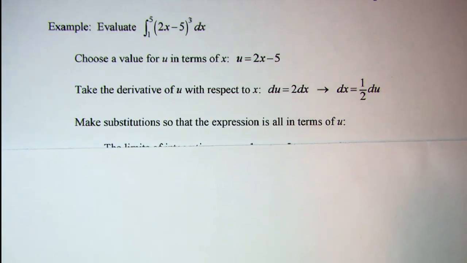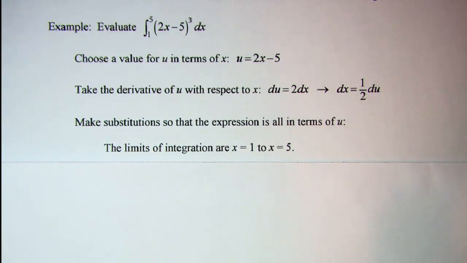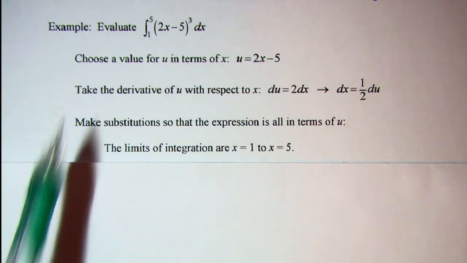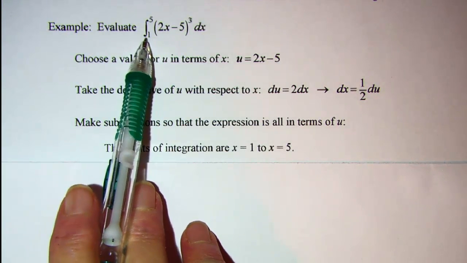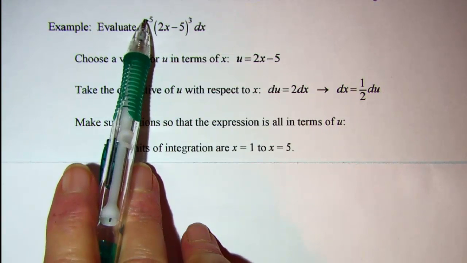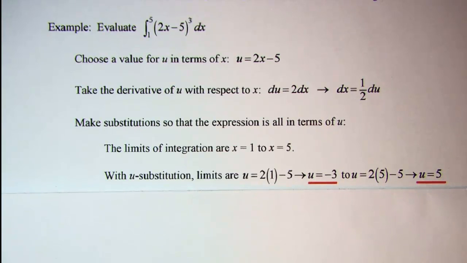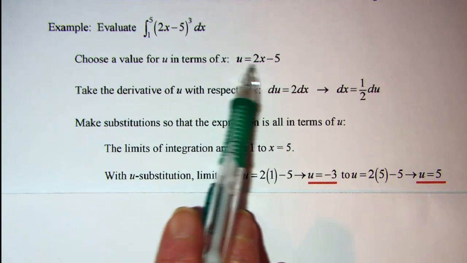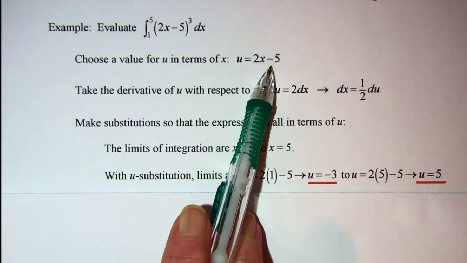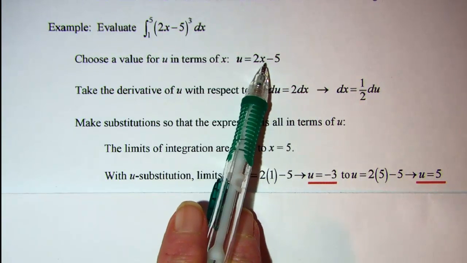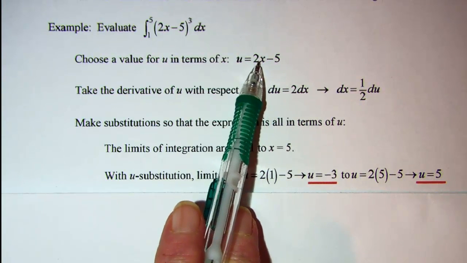Now, with the definite integral, we have to talk about the limits of integration as well. Our limits of integration are x equals 1 to x equals 5. With u substitution, we're going to use this expression to find the limits of integration in terms of u.